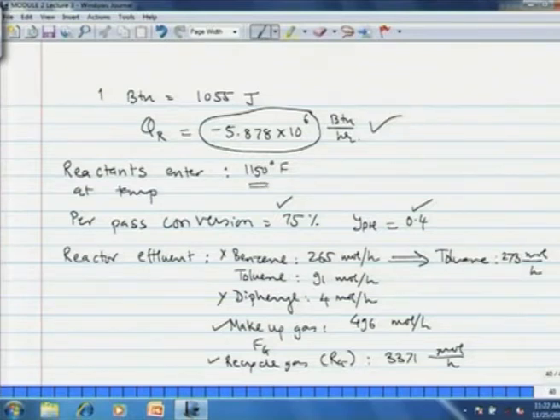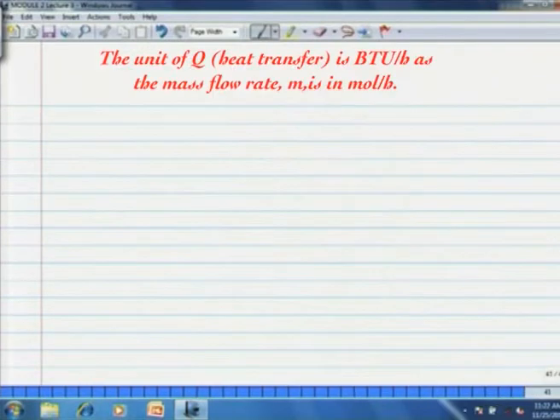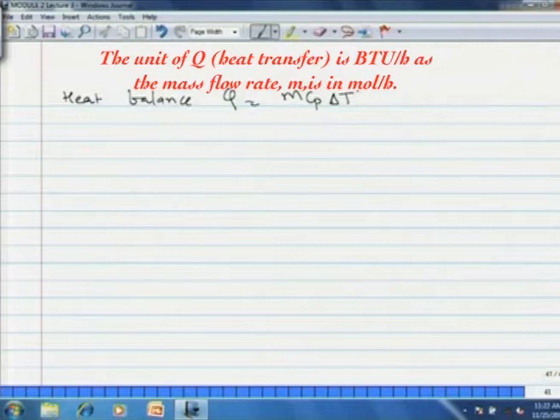Okay. Now, for this we have to do a very simple heat balance. Q is equal to m Cp delta T, okay, where delta T is T out minus T in, exit temperature minus entry temperature.